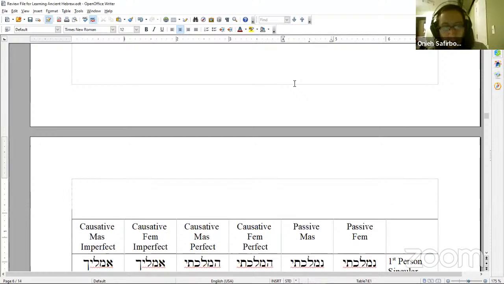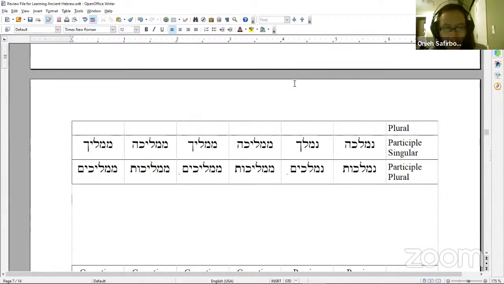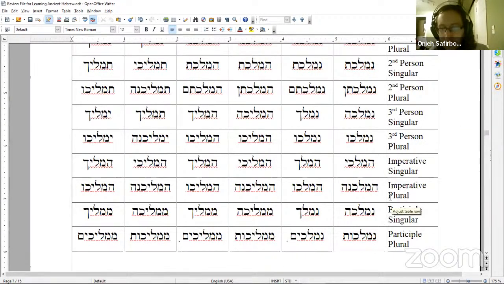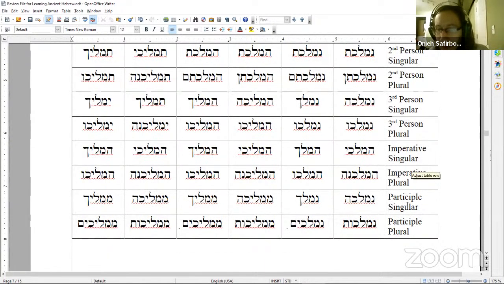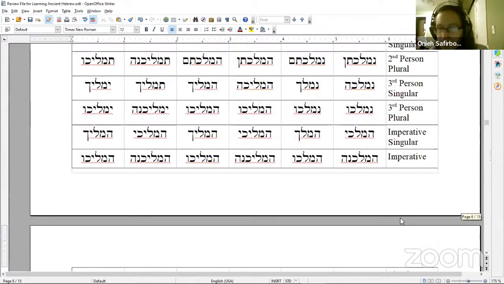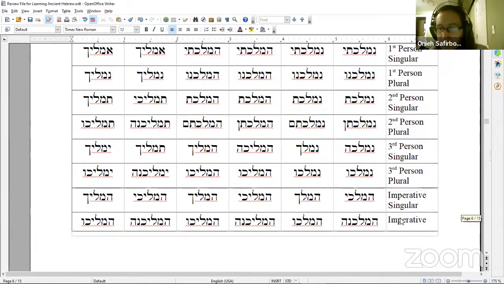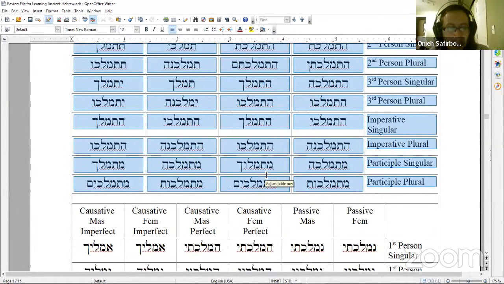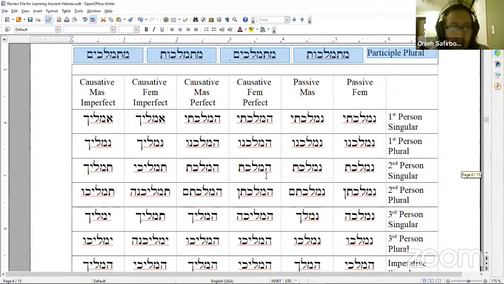So I'm totally at a loss of why that whole column is missing. Let's see. Imperative, participle, whoops, I copied more than one. Oh yeah, there's also the reflexive.